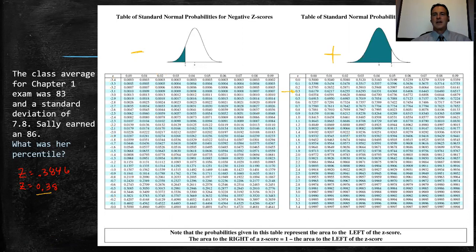With that positive 0.3, there's a bunch of solutions behind it that represent probabilities. I want the one that ends in an 8, so I need to look at the top row, where 0.08 is in this location. Then you have to pretend you're a kid playing Battleship: follow this row along with this column and figure out where they meet.